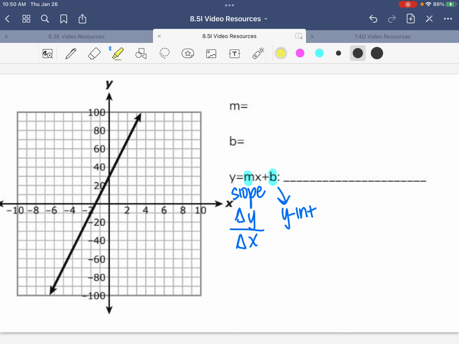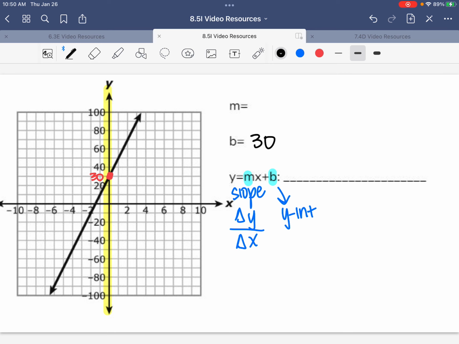So again, with graphs, this is the easiest thing, in my opinion, to find. So I'm going to highlight this y-axis, and I'm going to find exactly where this line crosses. And I see that it crosses right in between 20 and 40, which tells me that that is 30. So my y-intercept is 30.